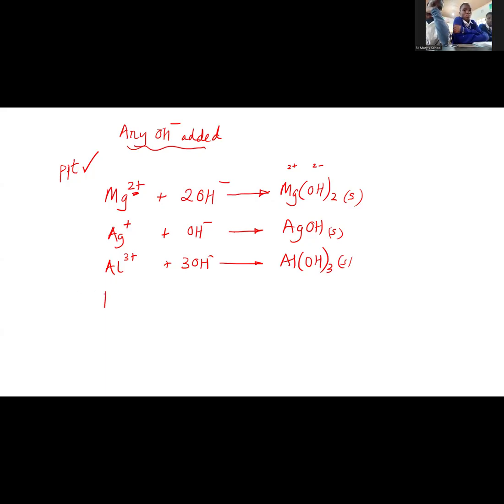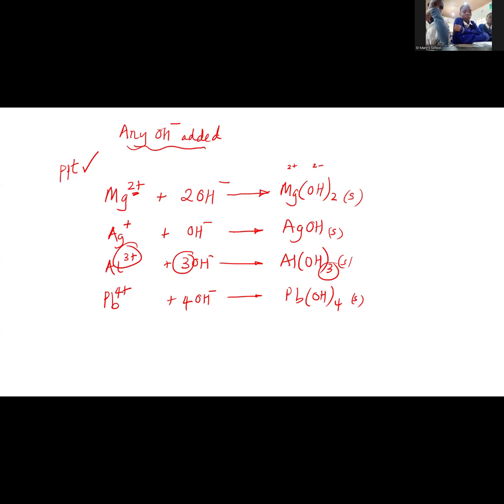If we could do it with lead 4 plus, then it would be plus 4OH minus, and that would make PbOH4 solid. So whatever it is, every single time you just look at the charge, that's the number there, and that's the number there. I hope that's clear.